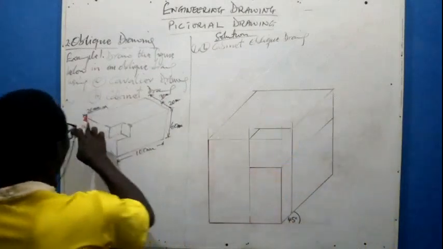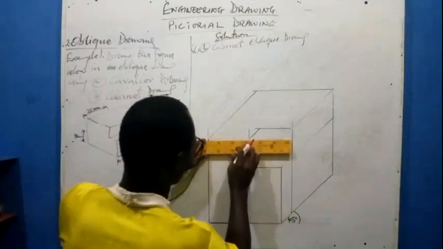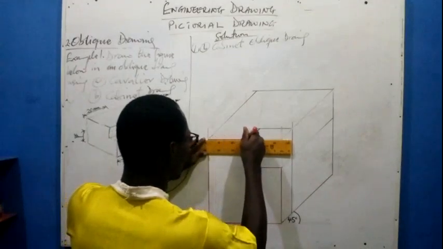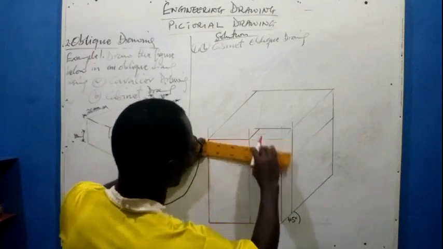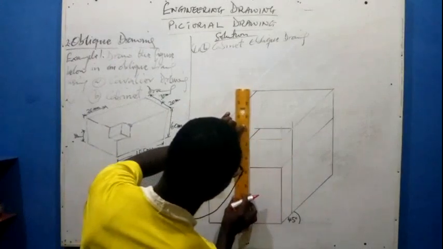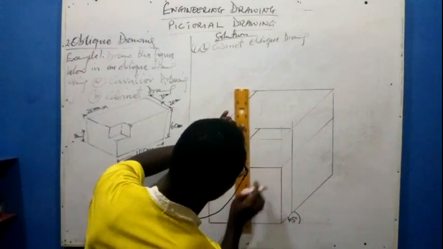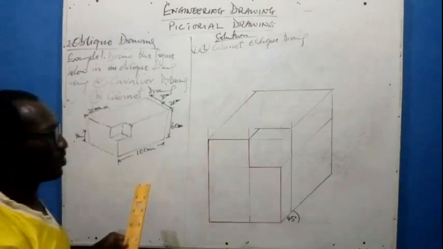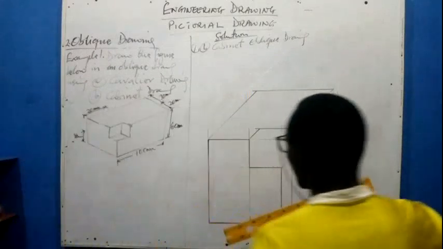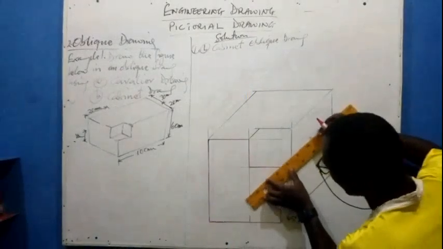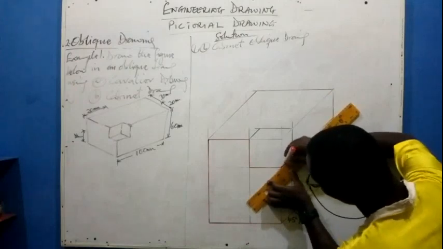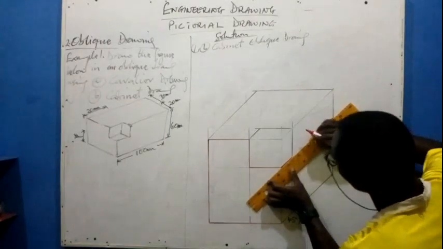Dip this side to here. Then this side. Okay, close it. Then I can dip this side up to this side, from here to here.